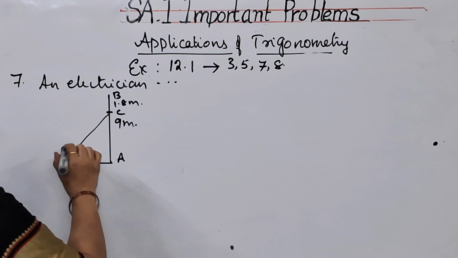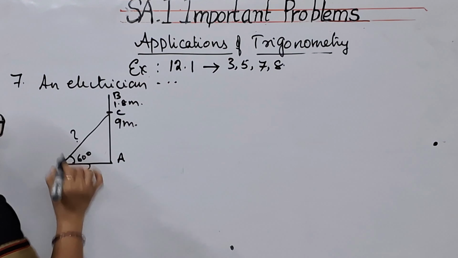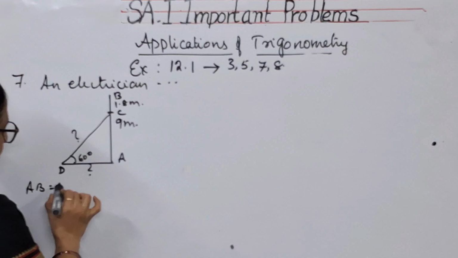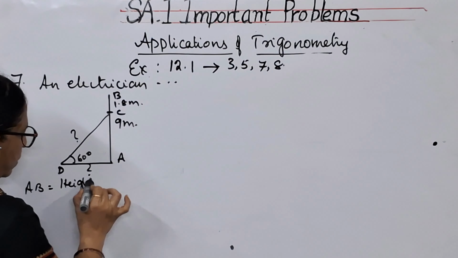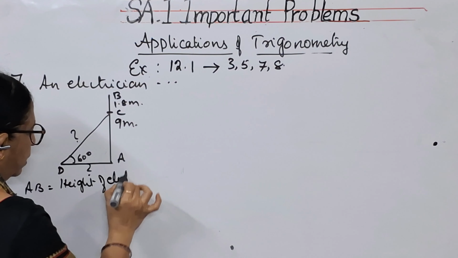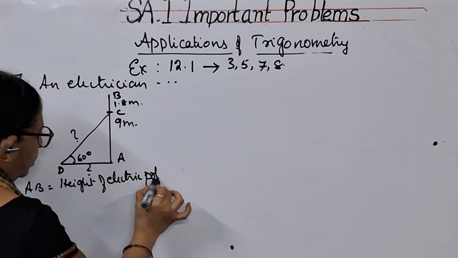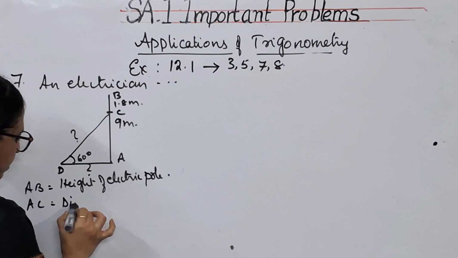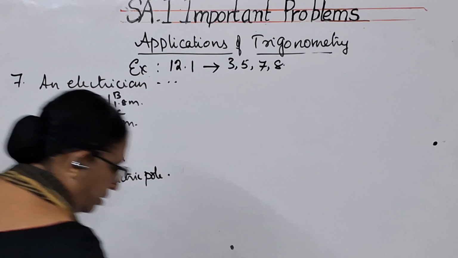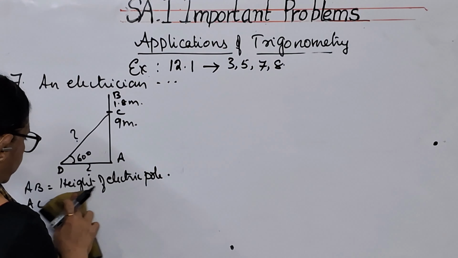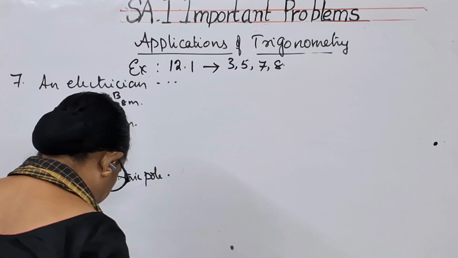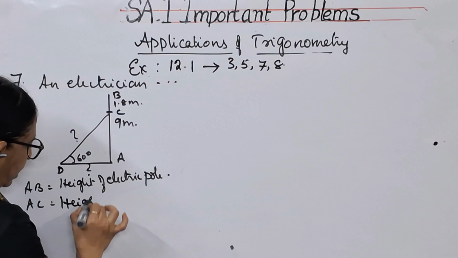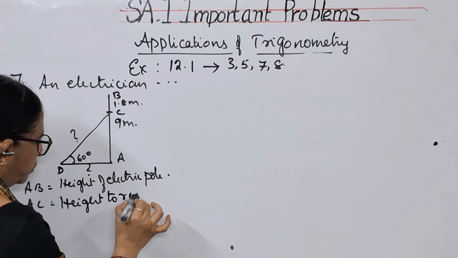First one is, what is the length of the ladder? You have to find out what is this distance. So what is AB? AB is the height of electric pole. AC is the height he needs to reach.